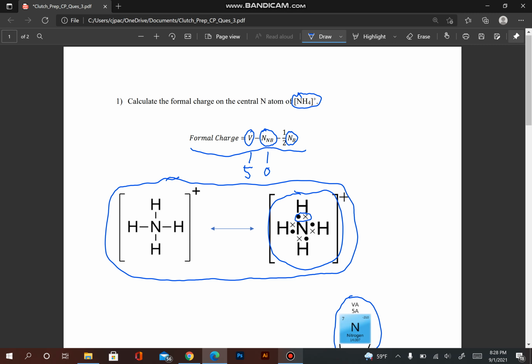So the value of N subscript B actually counts as 2 per bond, or 2 electrons per bond. So that'd be 8 divided by 2. And then we can actually solve for a formal charge of nitrogen.